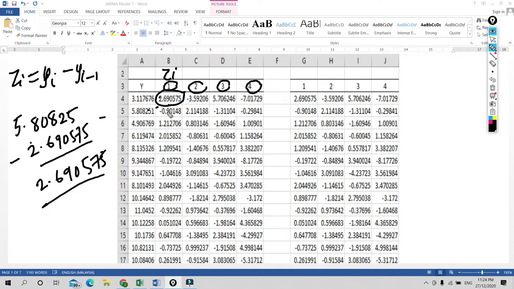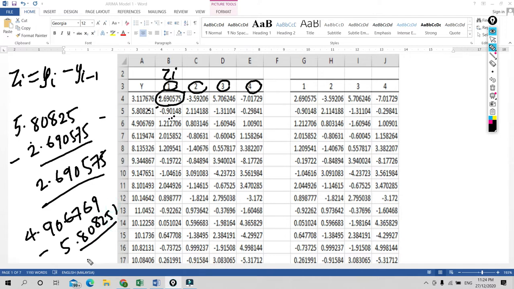And this value is negative 0.90148, equal to 4.906769 minus 5.80821.